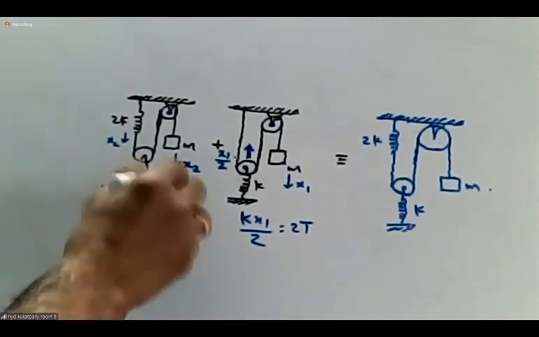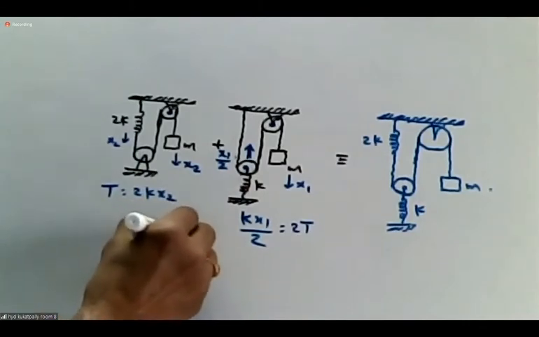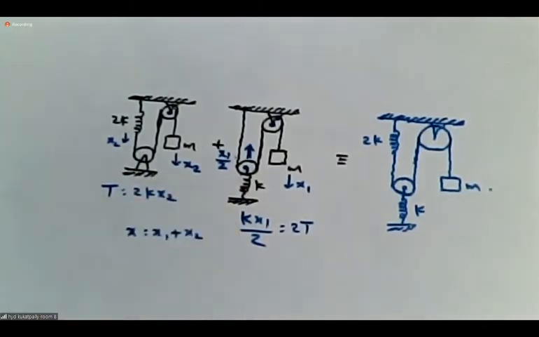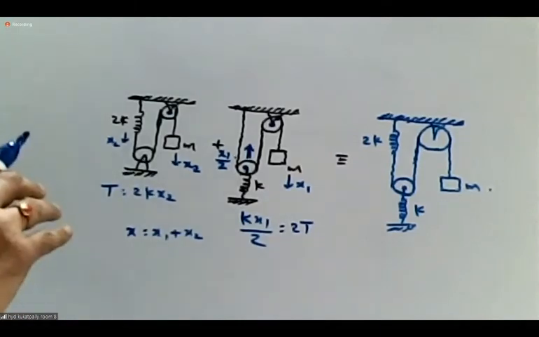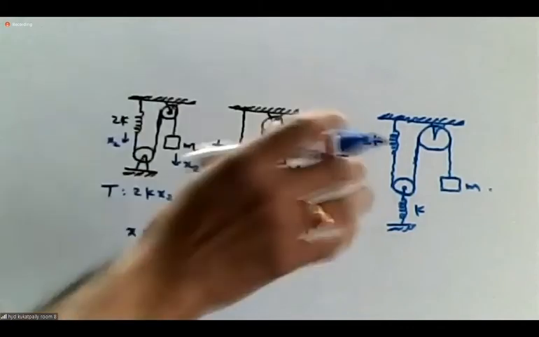Now both are there, so x equals x1 plus x2. Replace the system with a single spring block system.